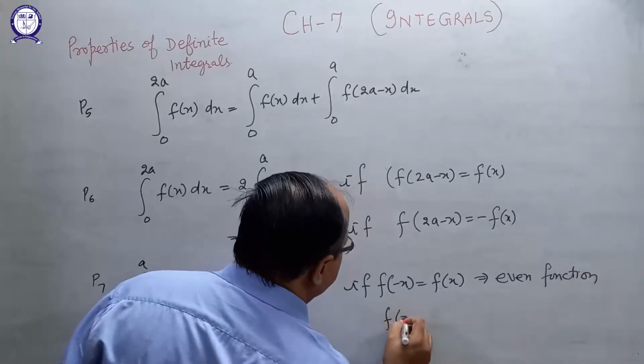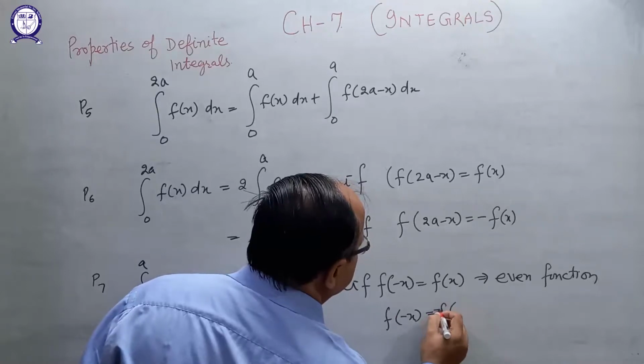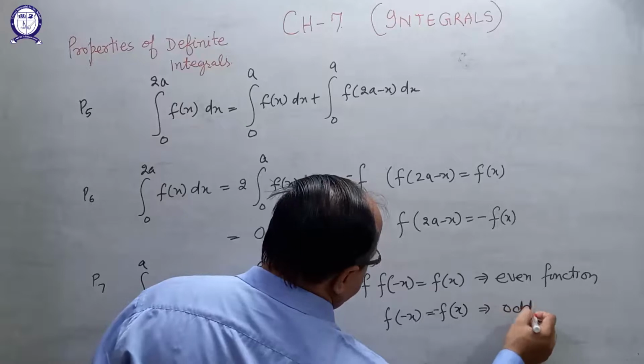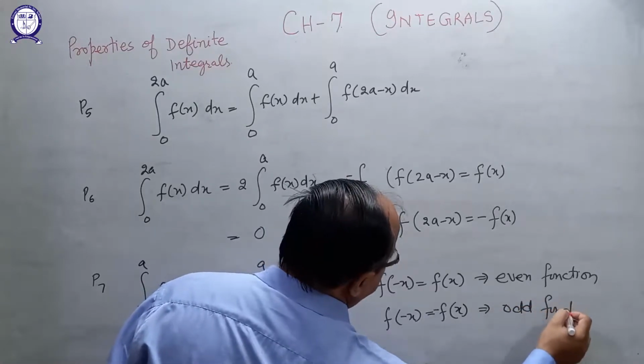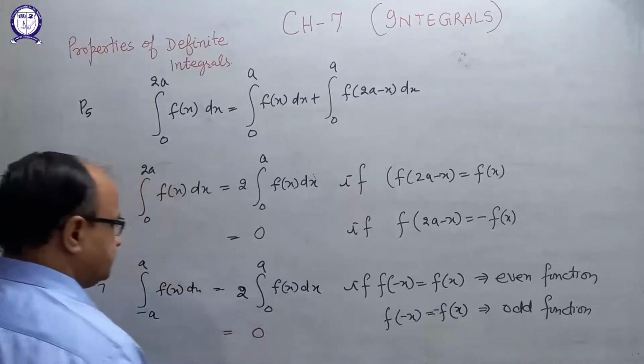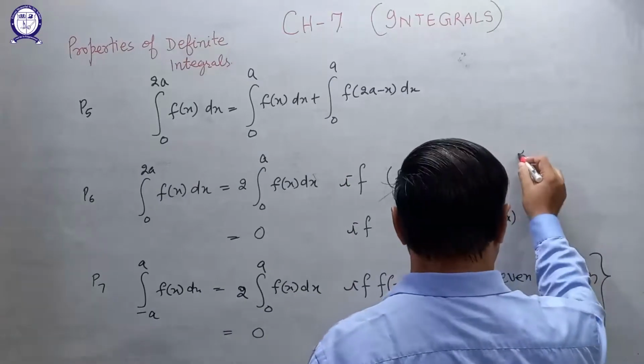And if f of minus x is equal to minus f of x, it means it is an odd function. If it is an odd function, then the result is 0. This is property P7 and this is property P6.